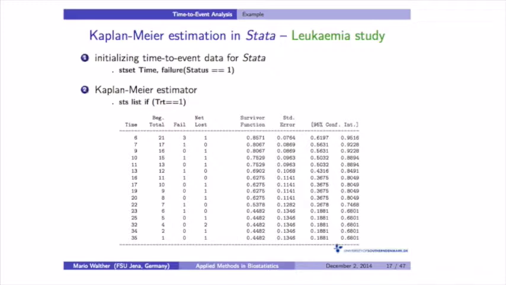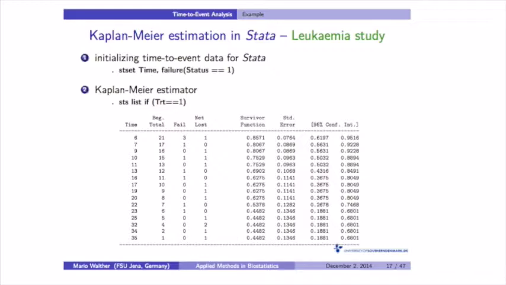But here you have times where also censored data occur, so you also count censored data, which is written in the fourth column denoted with net loss. In this column the number of censored data is summarized.